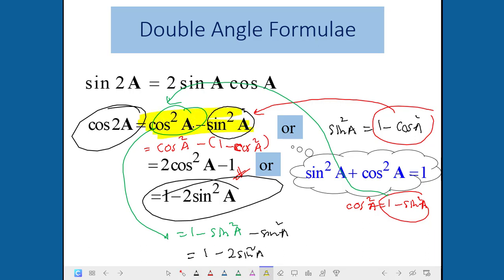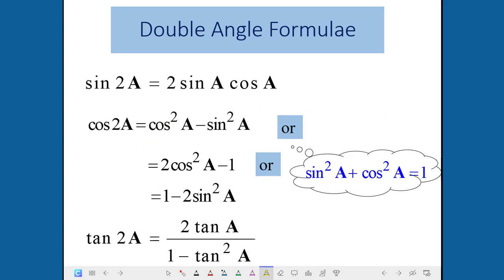Starting here, you can use the trigonometric identity and replace whatever you want. If you want all cos, use this one. If you want all sine, use this one, substitute, and get 1 minus 2 sine squared A.